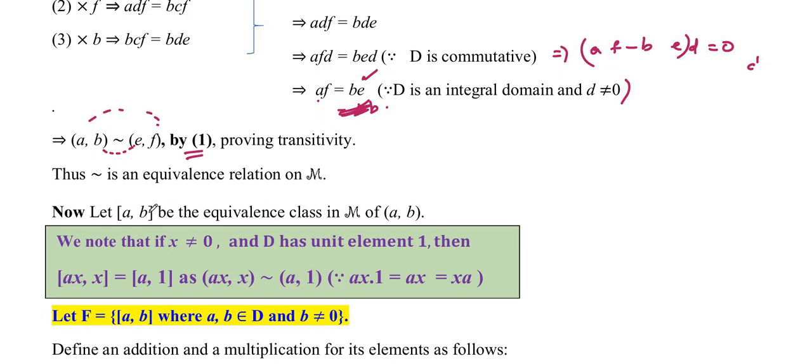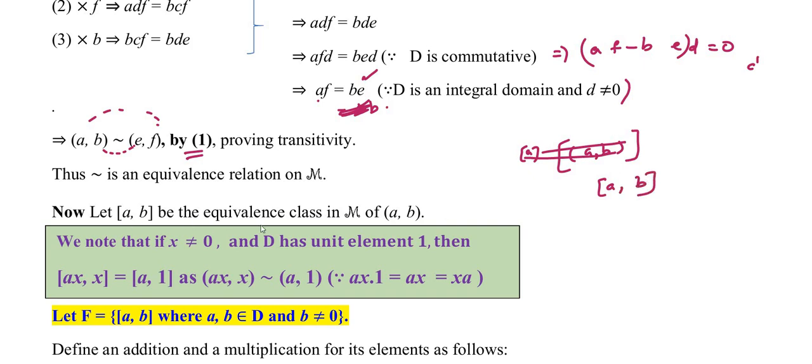So, strictly speaking, for a given element A, this is how we denote the equivalence class. Here the elements are A, B. So its equivalence class, strictly speaking, should be given in this way. For the sake of simplicity, that is just denoted as this class AB.